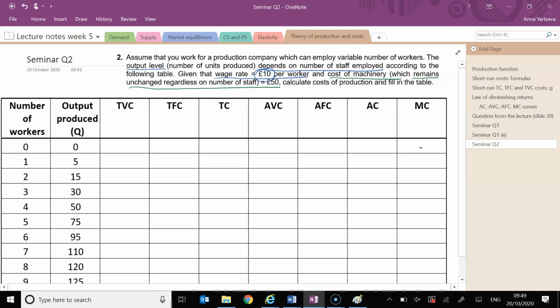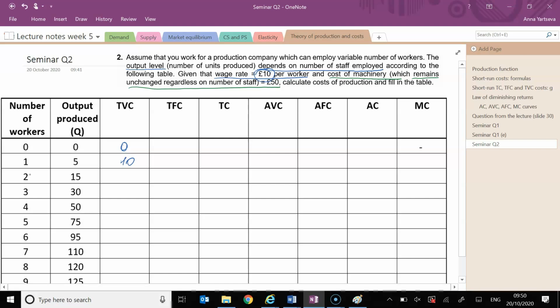It can vary. So what are our total variable costs? It depends on number of workers. So when number of workers is 0, variable cost is 0. We don't hire anyone, we don't pay anyone. 0 pounds. When we employ the first worker, our variable cost will be equal to 10 pounds because it costs us 10 pounds per worker.